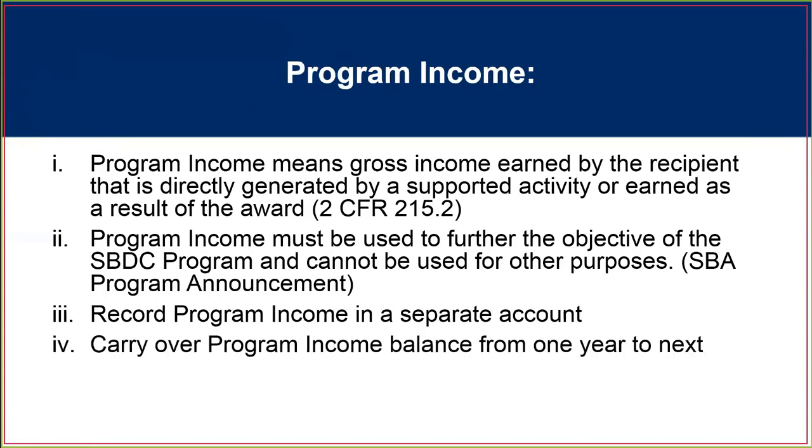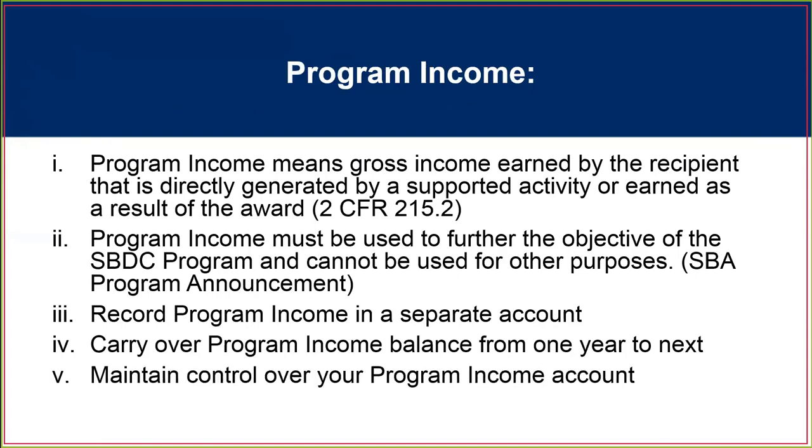And then carry over program income balance from one year to the next, and maintain control over your program income account so that the director always knows what's happening with the program income. The SBDC director is in control of the program income, so that the money wouldn't be diverted for a different purpose.